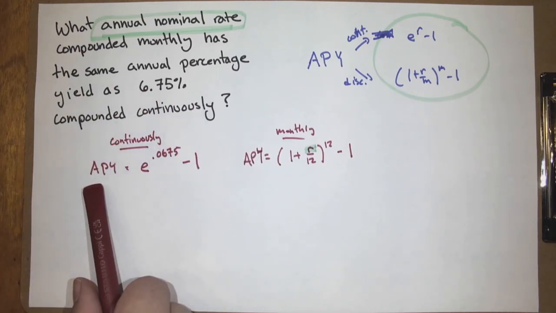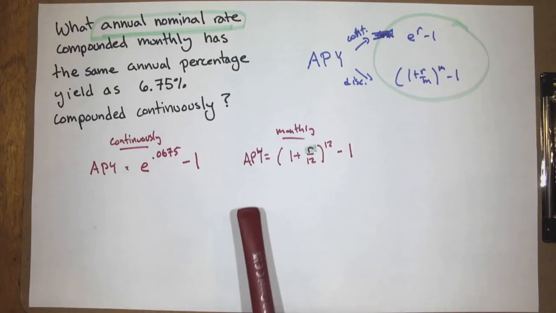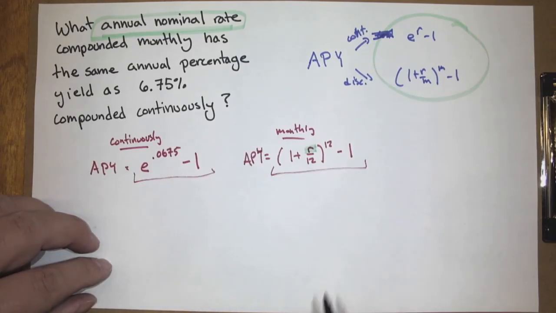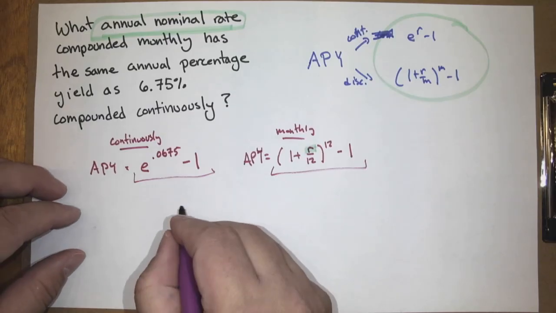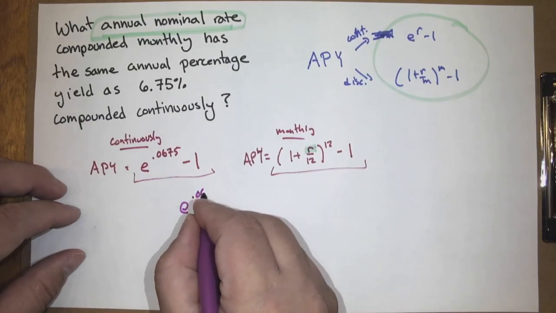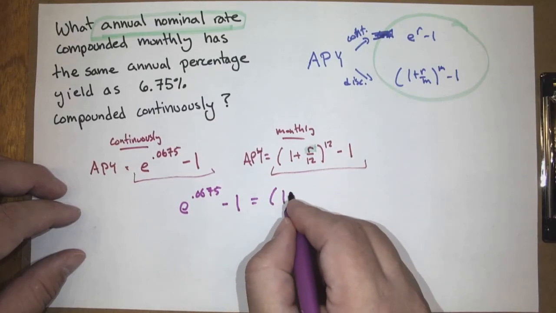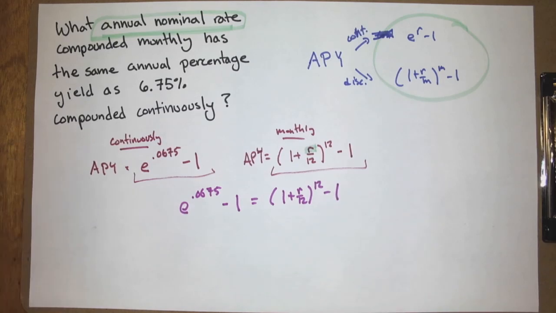I can compute my annual percentage yield in two scenarios, and it says we have the same annual percentage yield, so what are we going to do with these two expressions? They're equal. They're the same. So we have e to the 0.0675 minus 1 equals 1 plus r over 12 to the 12 minus 1.